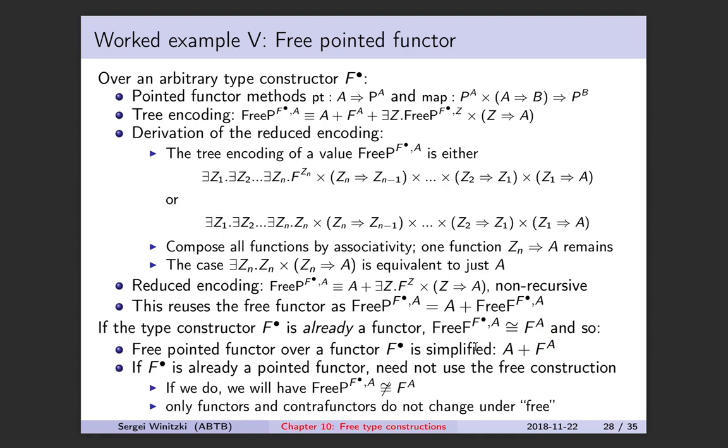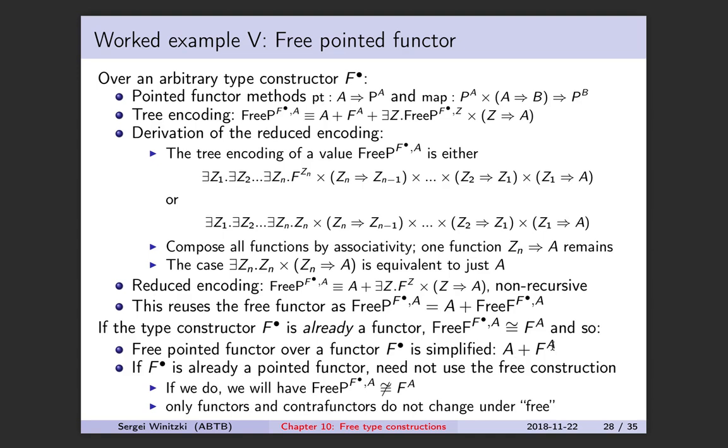And of course, if it is already a pointed functor, we should not use this construction, because then this would not be the same as the functor itself. So unlike other cases that we just saw, we should not use a free construction if a functor already has the pointed method.